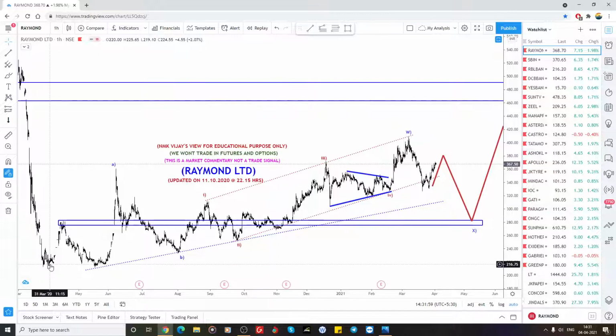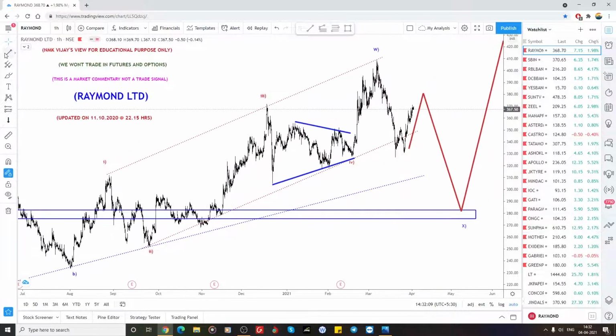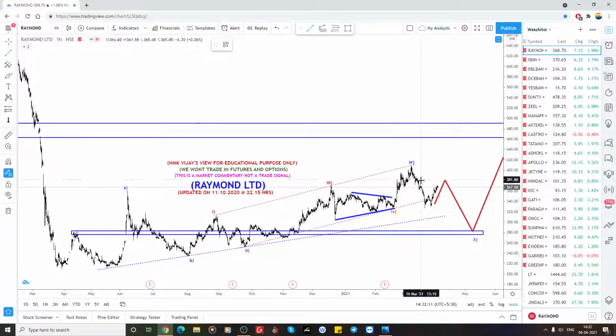Previously I took this as ABC as a 1, ABC as a 2, so this could be A, and I did this as a triangle, and then this as a 3, and this also 4, and the fifth wave from here. I expected this could be the A and the B, and from here if it did this wave, that would be considered a leading diagonal, but again it failed to make that part.